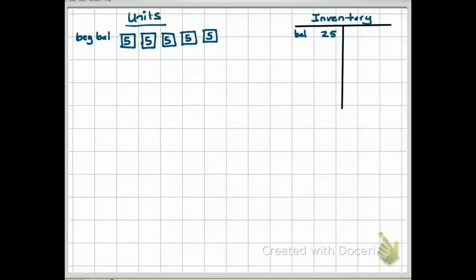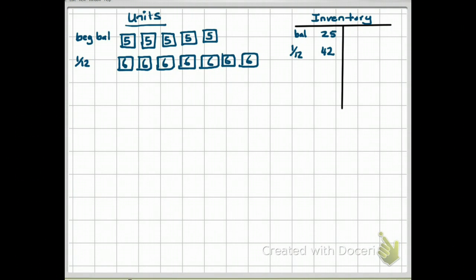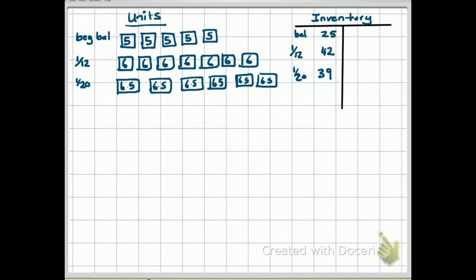On January 12th, this company bought an additional 7 units at a cost of $6 each, which comes up to a total of $42. On the 20th, they bought 6 units at a cost of $6.50 each, which comes up to a total cost of $39.